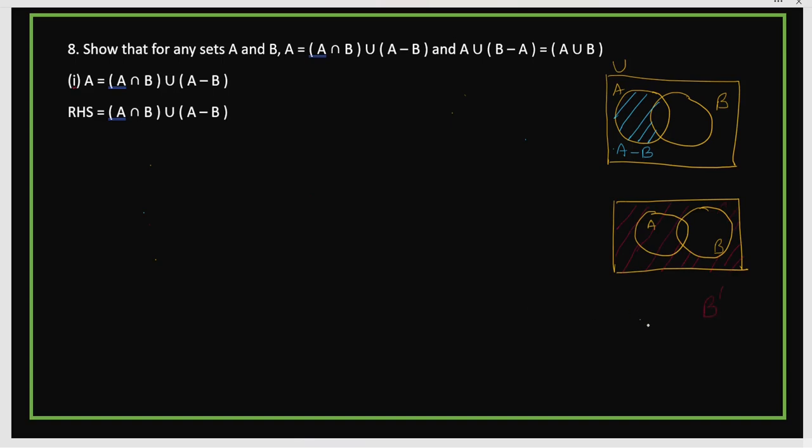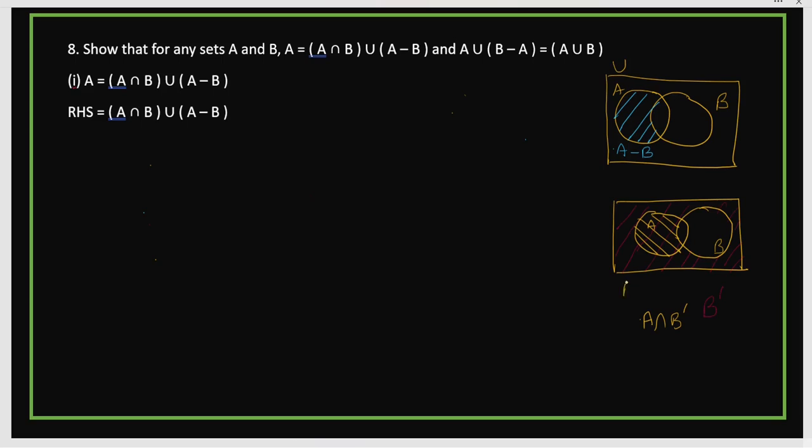What is A intersection B complement? What is common with all these things? This one, only this. Can you see this?